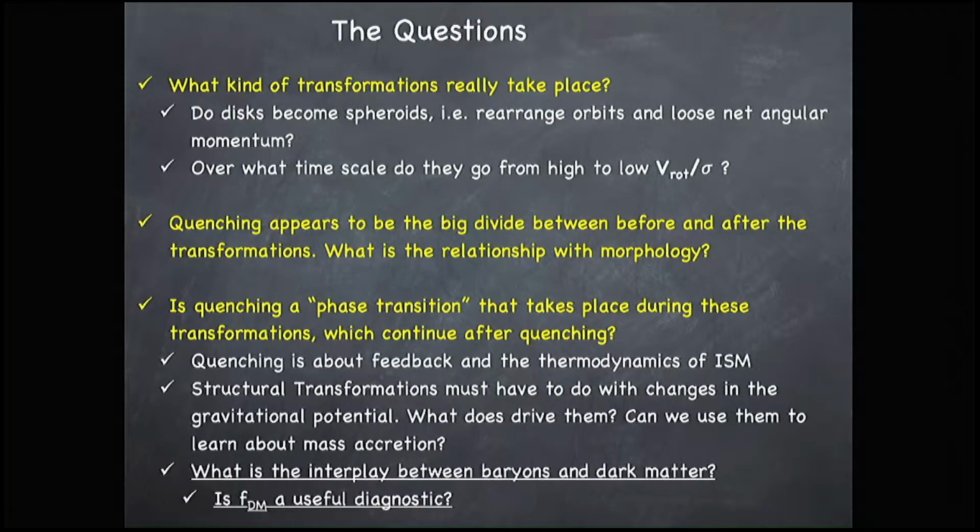So the questions. If galaxies really undergo transformations as they quench, essentially the question is, what drives this transformation? Quenching appears to be the big divide between before and after the morphological and potentially the dynamical transformations. And what is the relationship with morphologies? In particular, why do we care if a galaxy changes its dynamical and morphological status as it quenches?